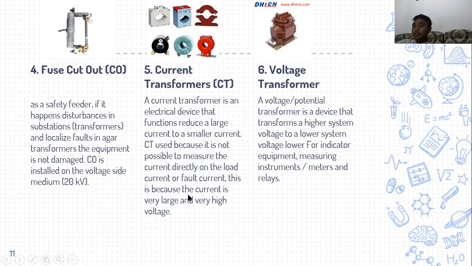This is because the current is very large and at very high voltage. The number 6 is voltage transformers. A voltage or potential transformer is a device that transforms a higher system voltage to a lower system voltage, for indicator equipment, measuring instruments or meters and relays.